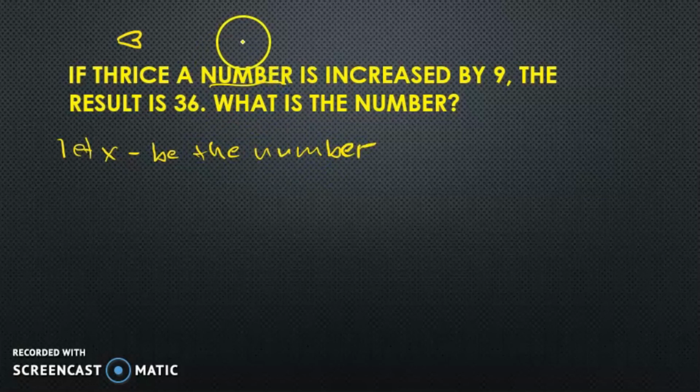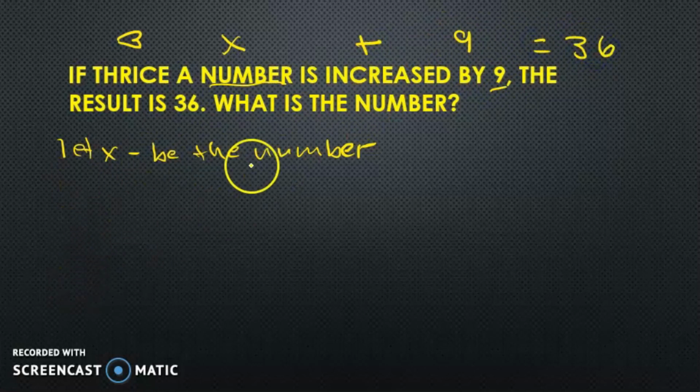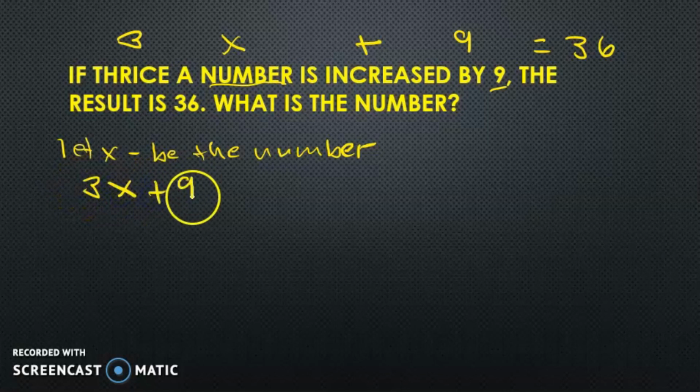Ito yung nawawala, number, no? So, 3x increase, that is plus, tapos increase by 9. So, the result is 36. So, sulat natin yung equation. So, 3x plus 9 is equals to 36.